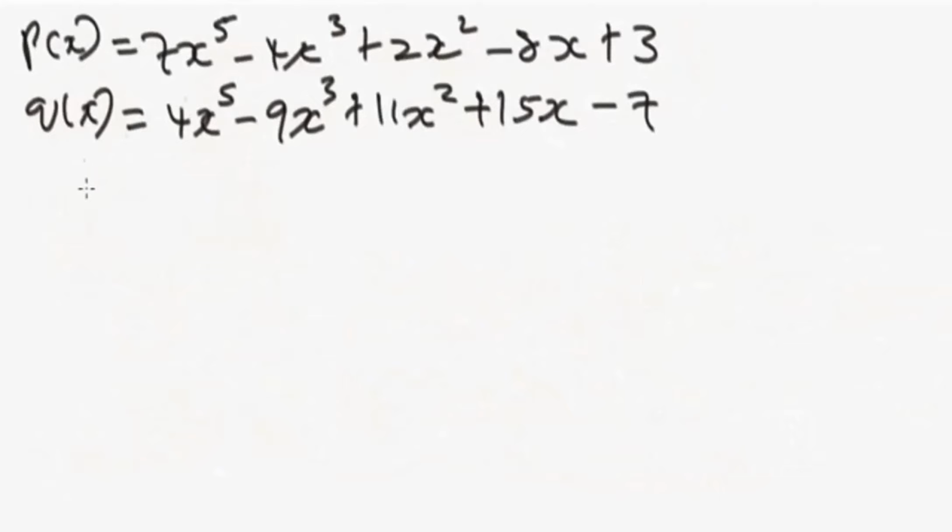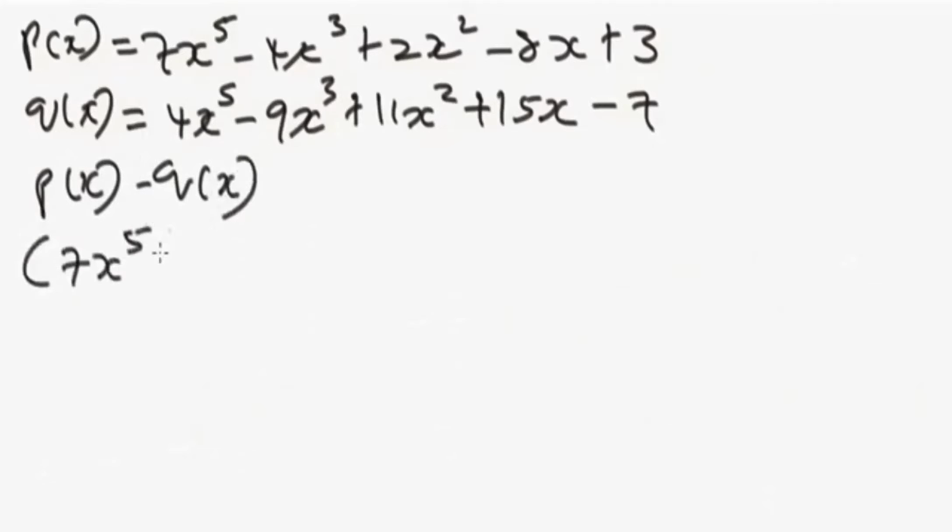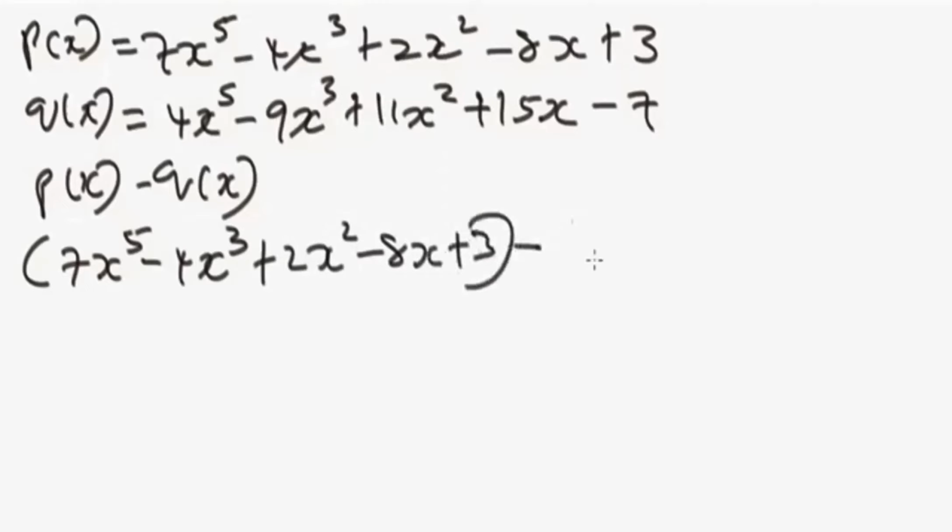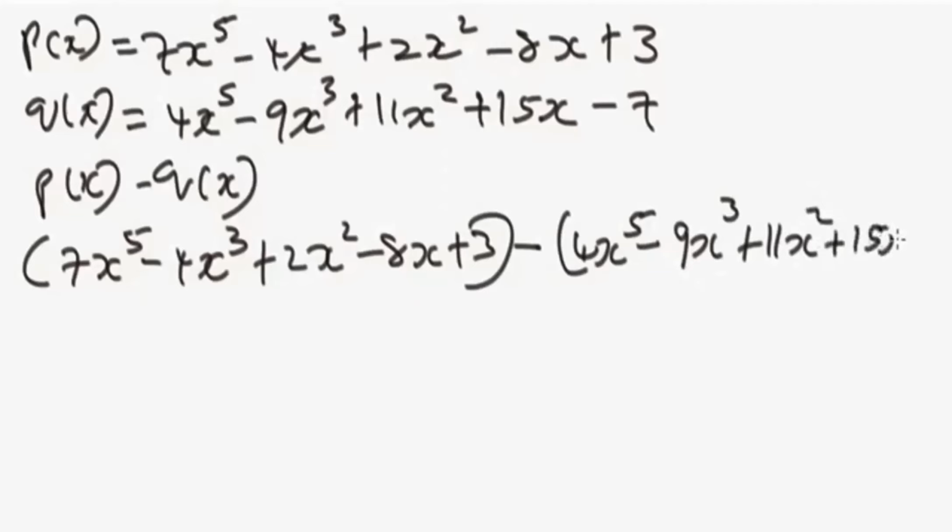Okay, so for the subtraction, p of x minus q of x will be, everything in bracket, 7x to the power 5 minus 4x cubed plus 2x square minus 8x plus 3, minus in bracket 4x to the power 5 minus 9x cubed plus 11x square plus 15x minus 7.